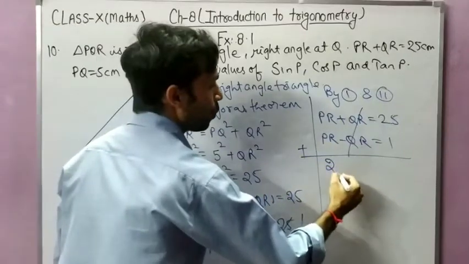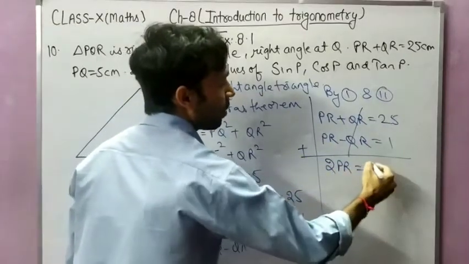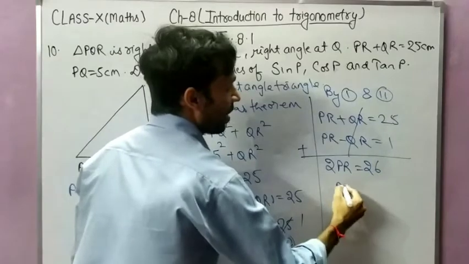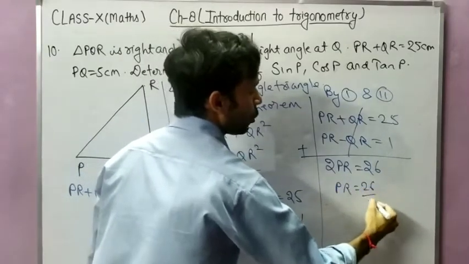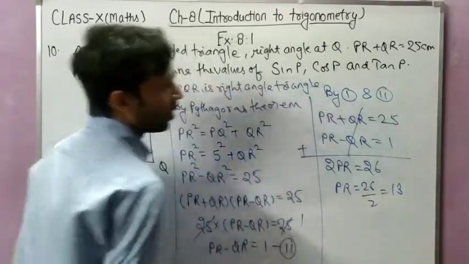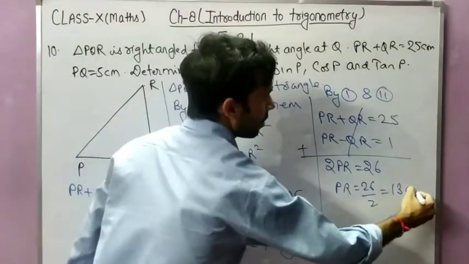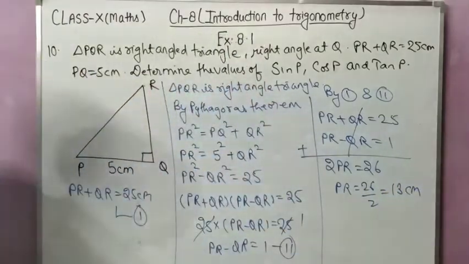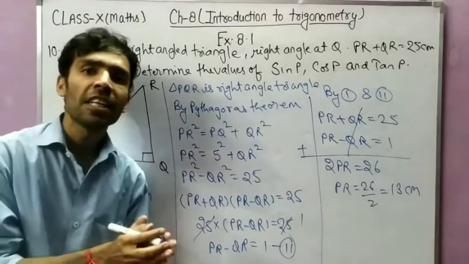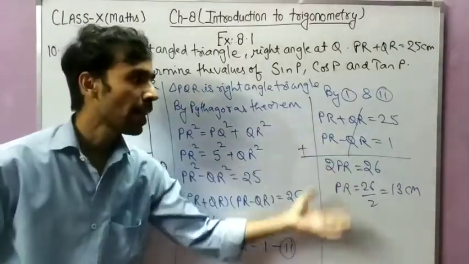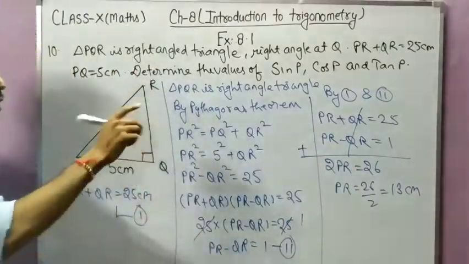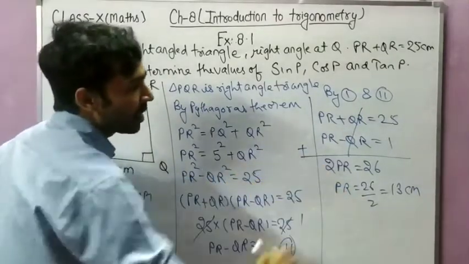Here 2 PR will be left and here it will be 26. So PR will be equal to 26 by 2, that is 13 centimeter. You know how to solve linear equations in two variables. Same concept I applied here. So by solving them, we got the value of PR, that is 13.